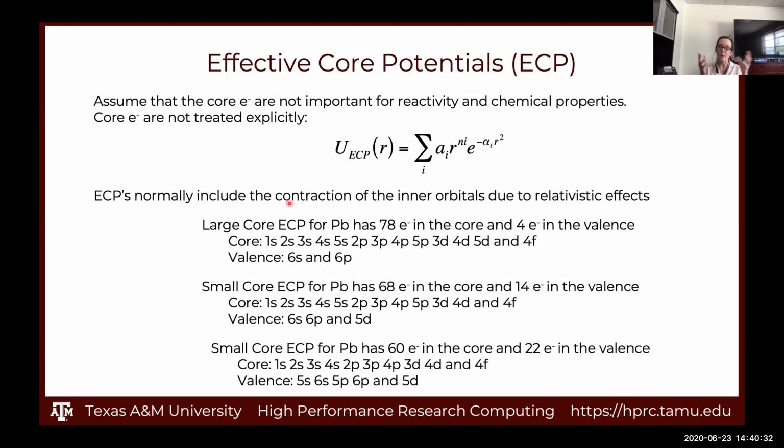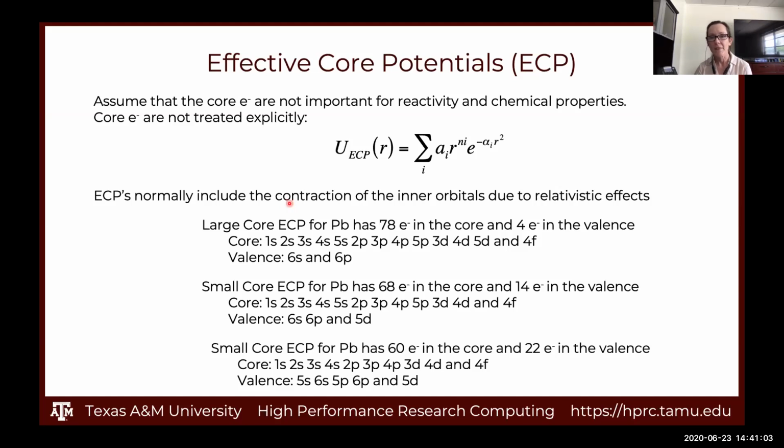With relativistic effects, you get a contraction of the core and an expansion of the valence space. And if you try to do all electron calculations for a very heavy element, you're not going to get good results unless you use a relativistic Hamiltonian, which is expensive. So what we do is we decrease computational cost by not explicitly treating the core electrons and replacing them with this potential that is generated with a relativistic Hamiltonian.